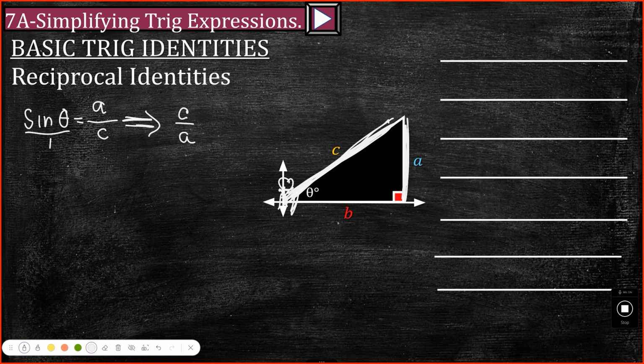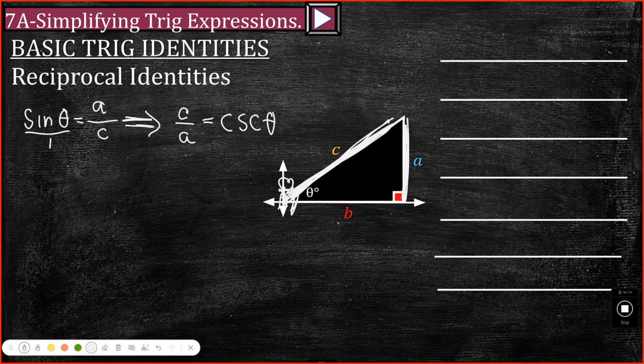Anybody? If you learned anything from chapter 6. What's C over A? CSC theta is correct. C over A is called CSC theta.